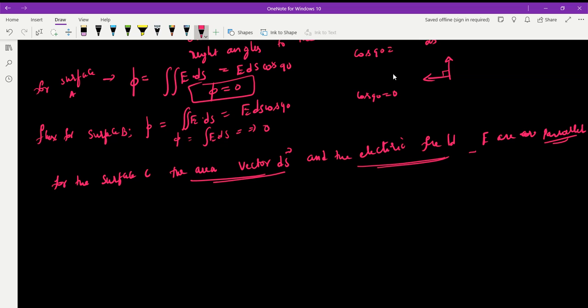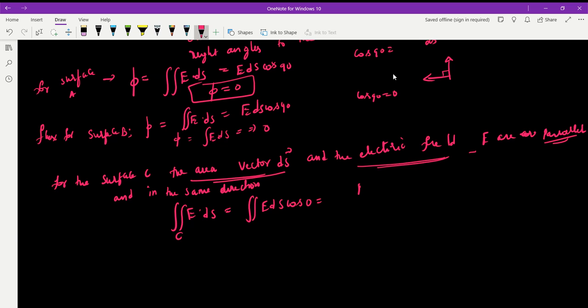Here, for surface C, the electric field and the area vector ds are parallel to each other and in the same direction. So for C, E dot ds gives flux E ds cos 0.